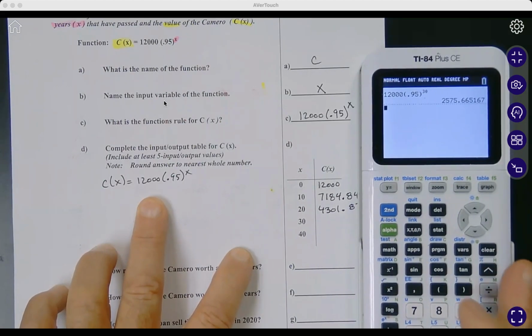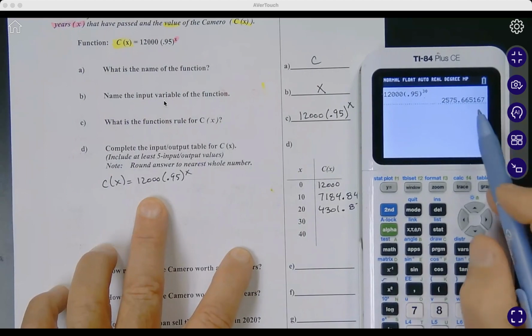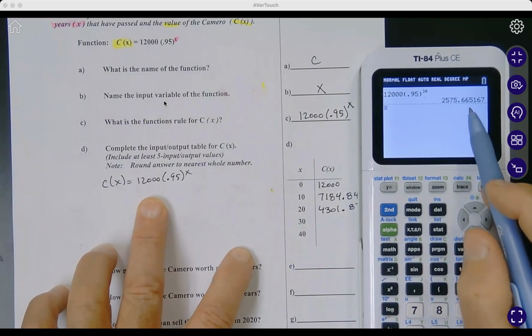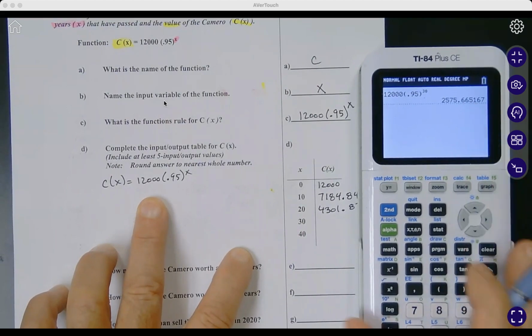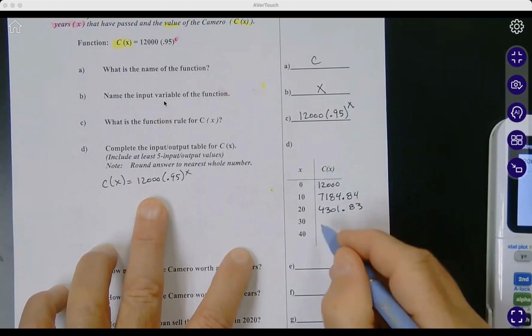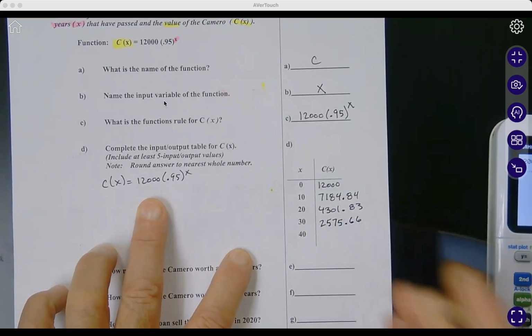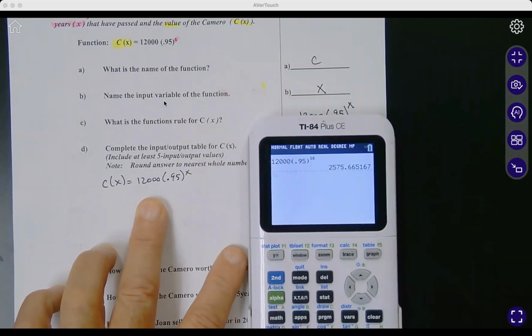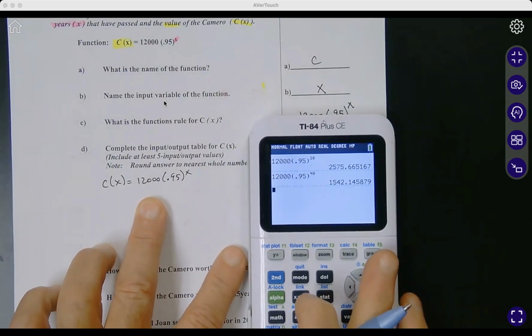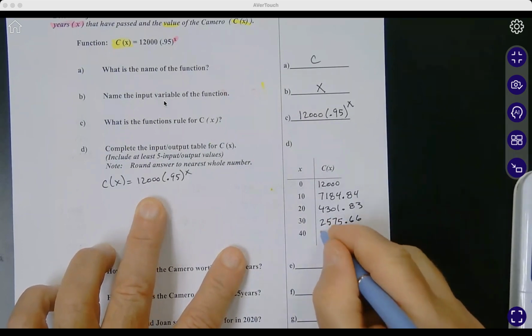Enter. 2575.6. I'm going to truncate, which means I'm just going to cut it off. So 0.66. 2575.66. And then I'm going to go ahead and enter that again. 0.95, exponent of 40, 1542.14.